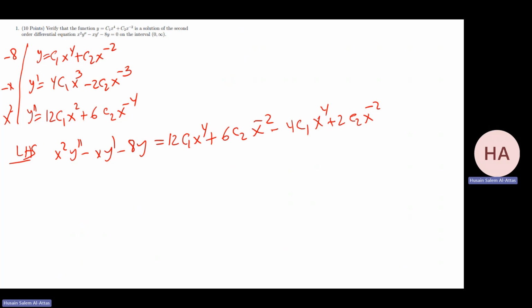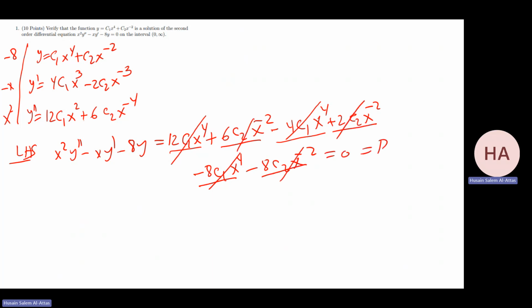Then minus 8 c1 x to the power 4 minus 8 c2 x to the power minus 2. So this with this with this minus 12 cancelled. This with this with this cancelled. So I have 0, which is the right hand side. So y is the solution of the differential equation.